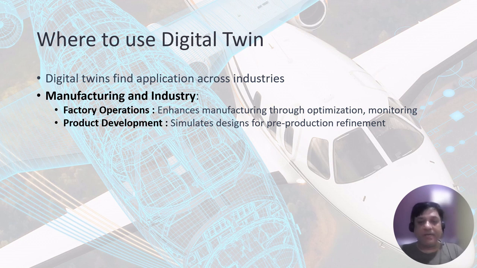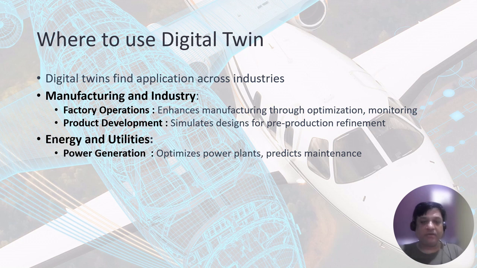Product development engineers use the digital twin to simulate and refine product designs before physical production. The next one is energy and utilities, in which power generation is the place where it models power plants, enabling efficient energy production and predictive maintenance.